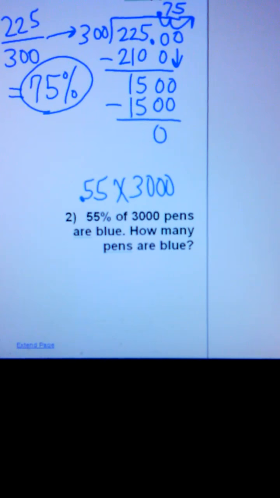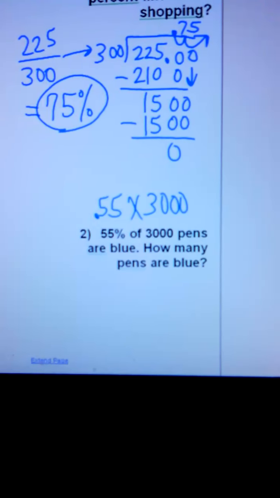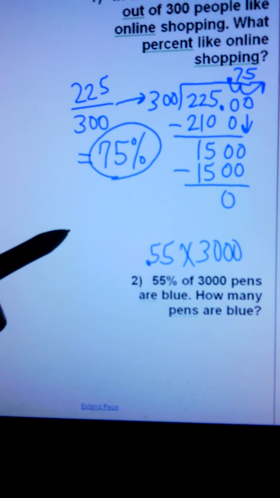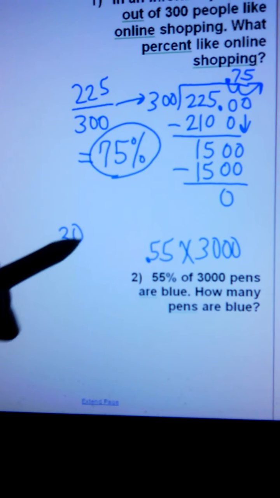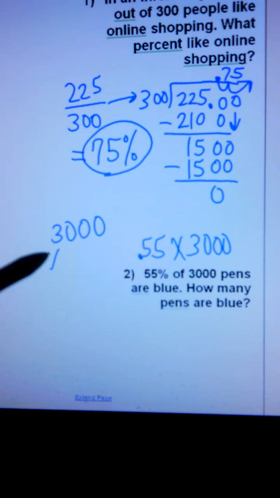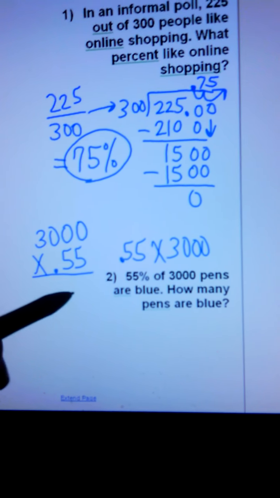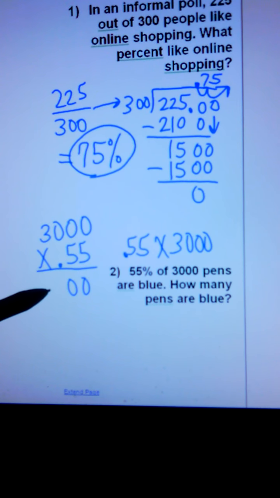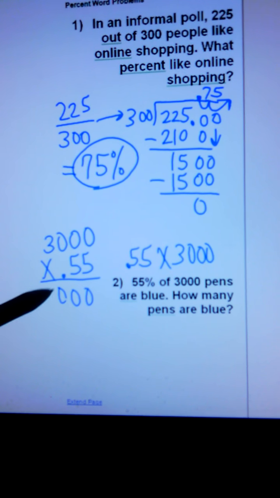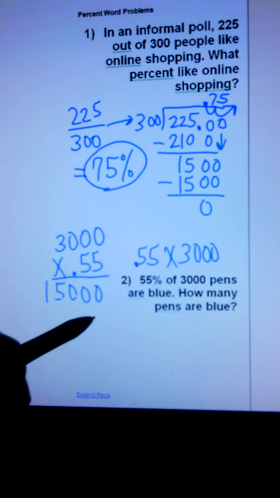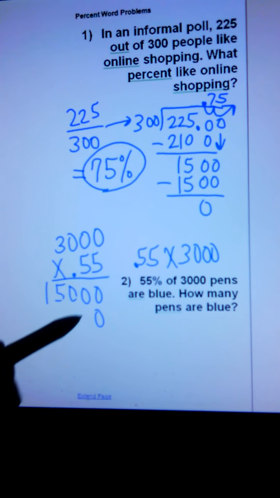So all we need to do here is multiply our numbers. So off to the side, we'll multiply here. Multiplying carefully since we have a lot of zeros.